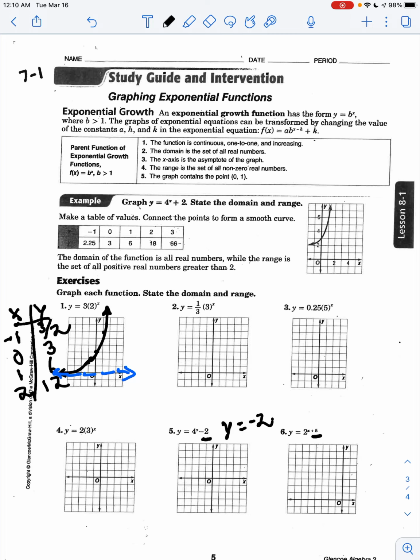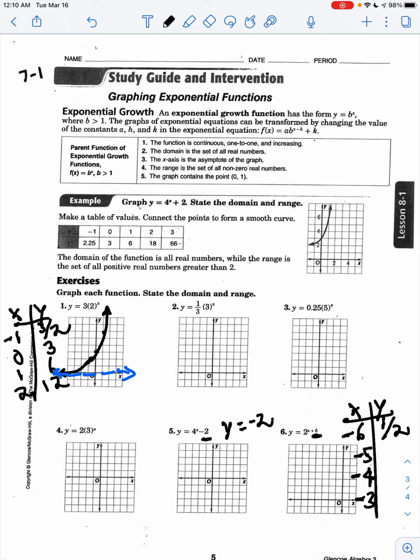In number 6, the +5 here is actually a shift to the left 5 units. So when you make your table of values, you might want to start with like -6, -5, -4, -3, because when you plug in, -6 + 5 is -1, 2 to the -1st is 1/2.